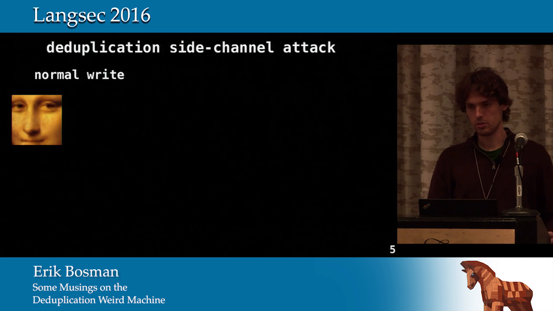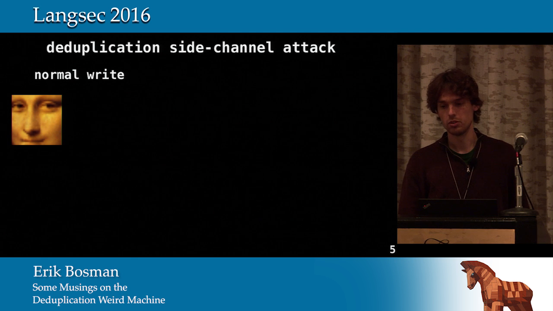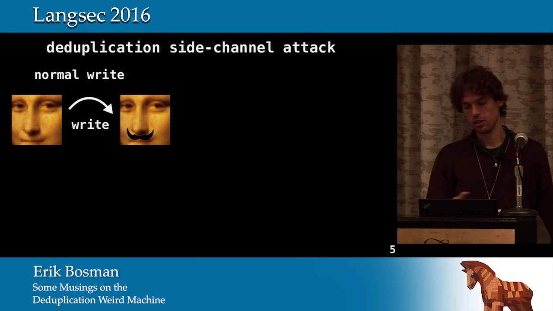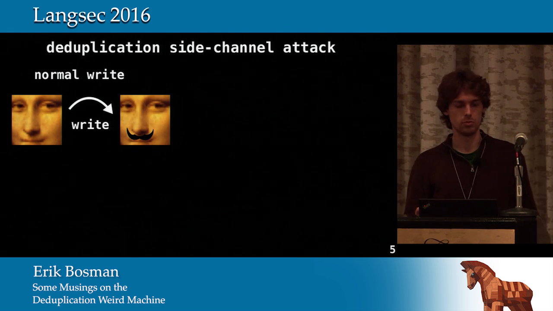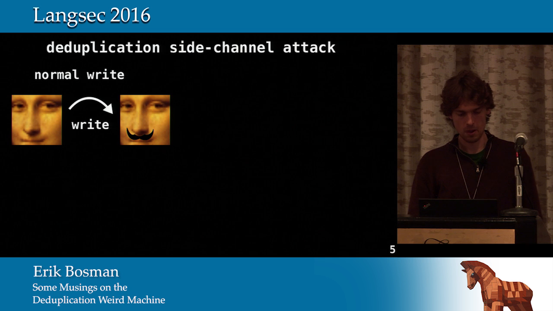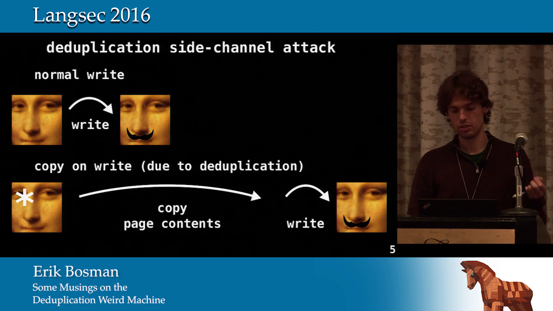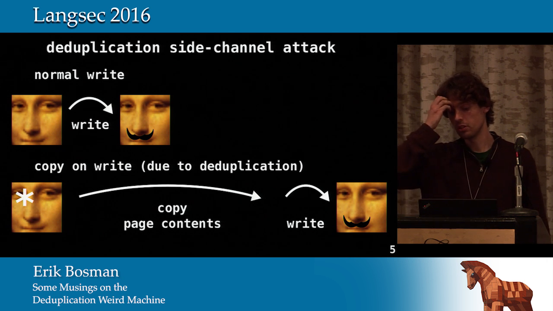And that's where the problem lies, because this is detectable, and it's also detectable from JavaScript. If you change one page with a single write, it doesn't take a lot of time, certainly when the cache is not cold. But when you do this on a copy on write page, the kernel or the hypervisor has to do all kinds of stuff before you can write to the page.